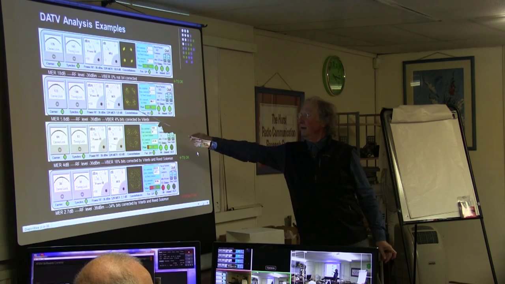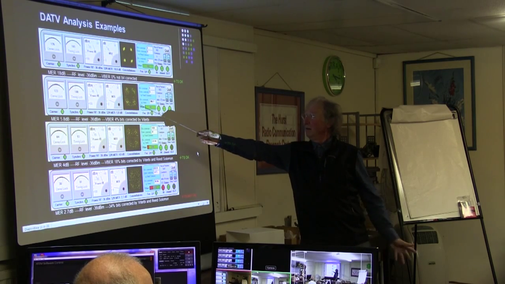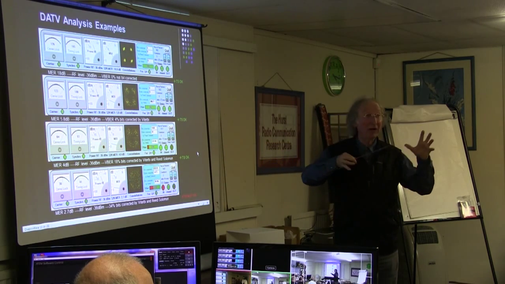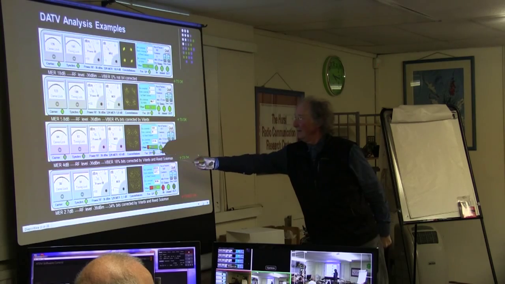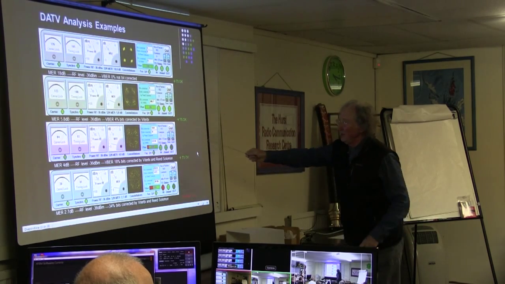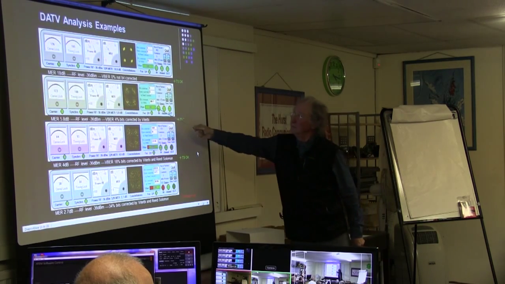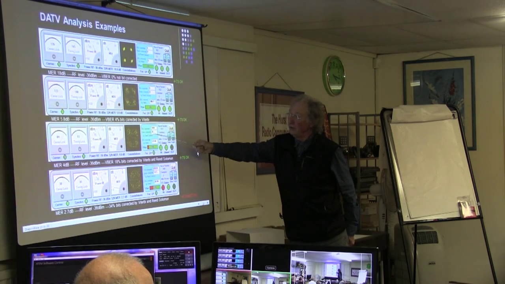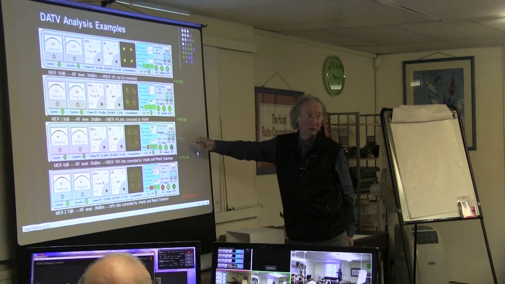Okay, I receive. The constellations are bigger and bigger clouds. The Viterbi corrector is working. Here, the Viterbi corrector is working, and the Reed-Solomon corrector is working.